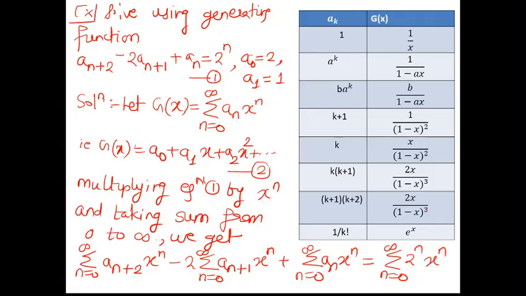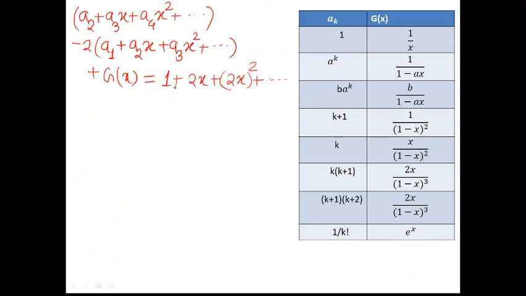So its corresponding generating function, as per this formula, what should it be? 1 upon 1 minus ax. What is the value of a? a is nothing but 2. So we can write directly for this 1 upon 1 minus 2x as the generating function. Or else you can write it like this, and then you can get the same formula.